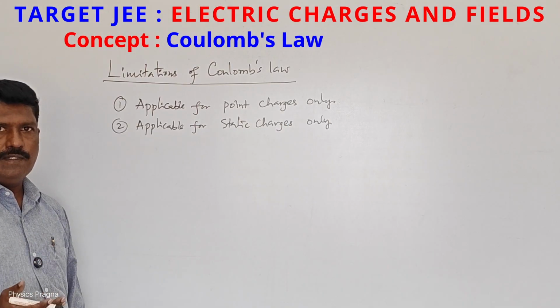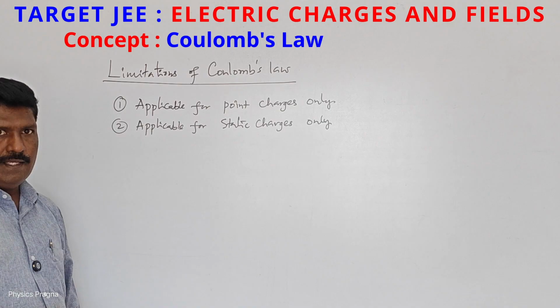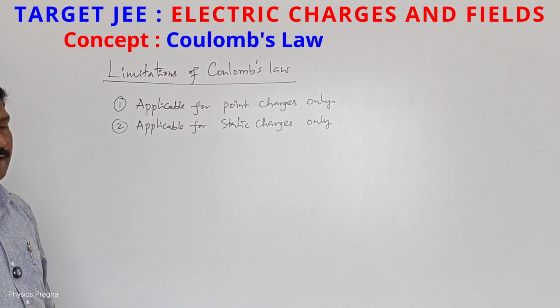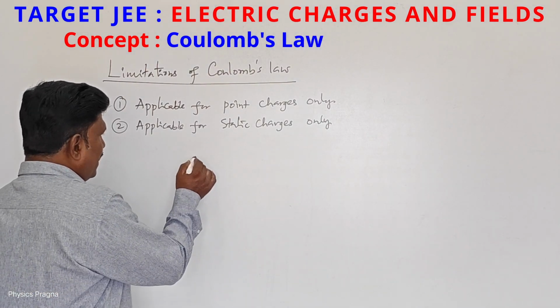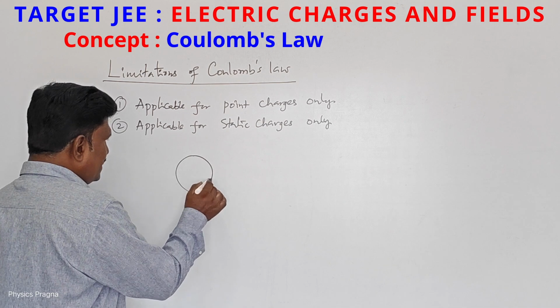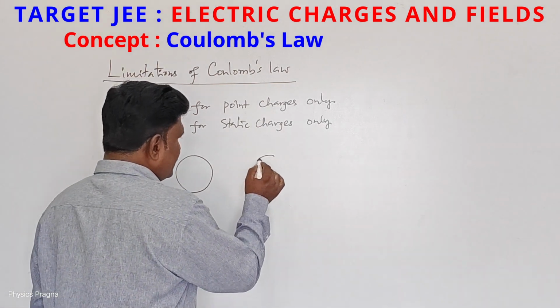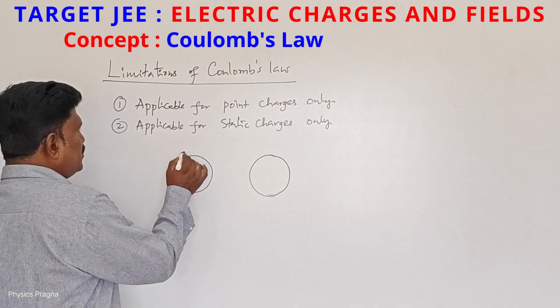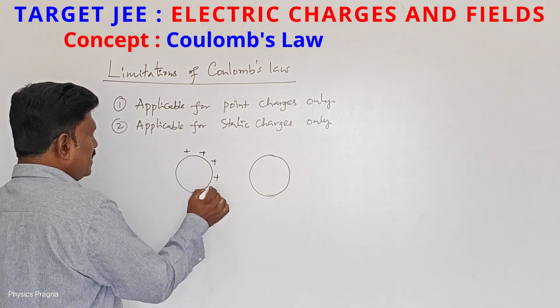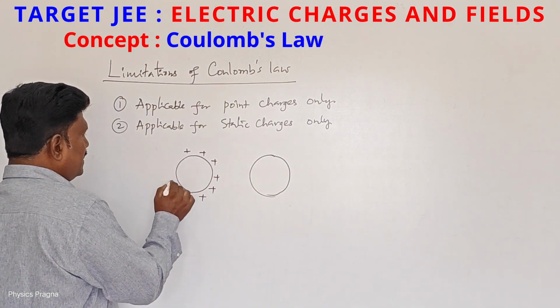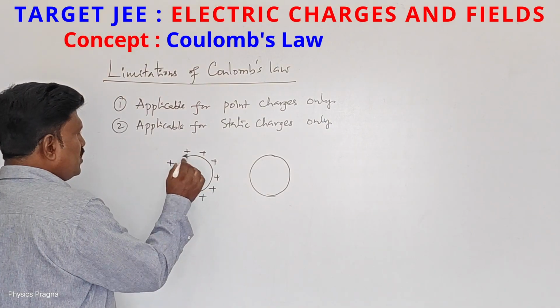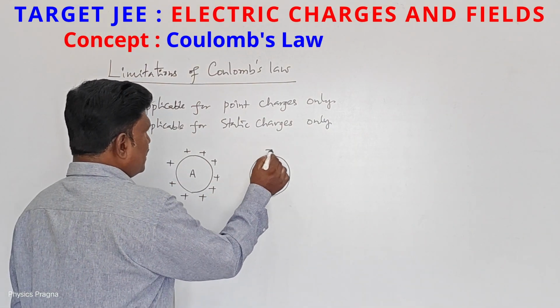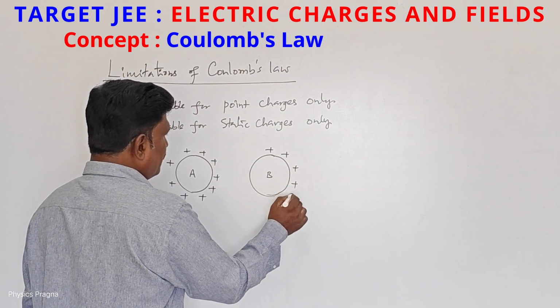If we want to apply Coulomb's law in the case of big bodies, let us take a conducting sphere. Two conducting spheres I have taken and I have charged them. So sphere A has some charge and B also has some charge on it.